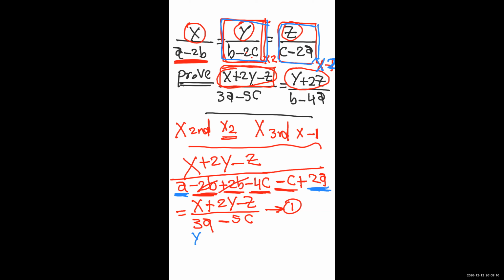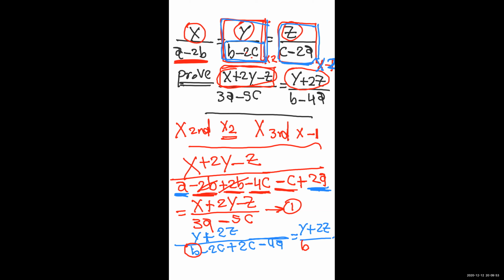y plus, we multiplied the third by 2, so 2z, over the first, which will be the same, b minus 2c, then the third by 2, so plus 2c minus 4a. So it becomes y plus 2z over, check the like terms: b, there is no other b, so it will equal b.